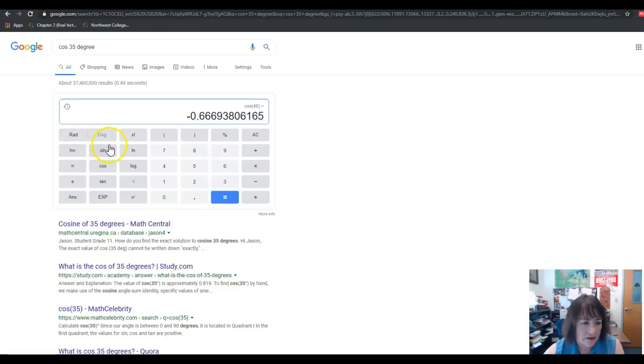See, that went back to radians again, so we need to fix that. The cosine of 40 is 0.766, and the sine of 40 is 0.643.